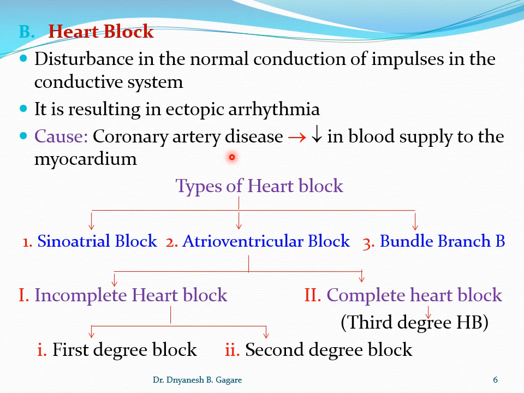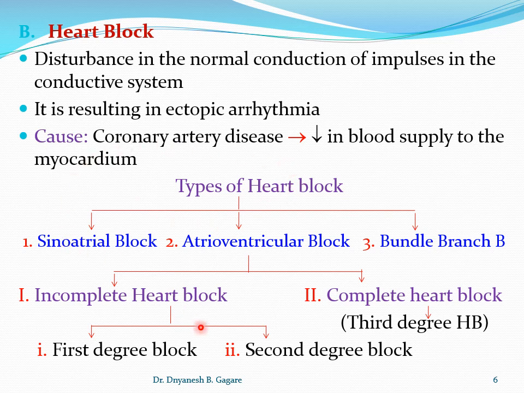When the blood supply to the myocardium or the conductive system decreases, it causes disturbance in the conduction of impulse in the conductive system, resulting in ectopic arrhythmias. So what are ectopic arrhythmias, or what happens when there is a block? We'll go there. Before that, you see the types of heart block.